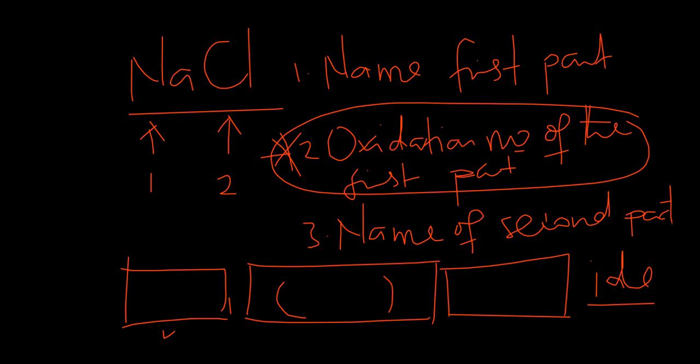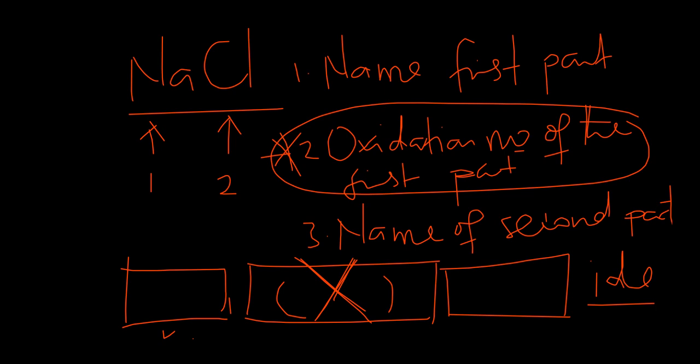However, when you are dealing with an element whose oxidation state is fixed, like sodium, sodium has a fixed oxidation state. Potassium, another example, has a fixed oxidation state. You do not need to bother with this step. You just need to ignore it. So you do the first step and the third step. The parenthesis step is not important.